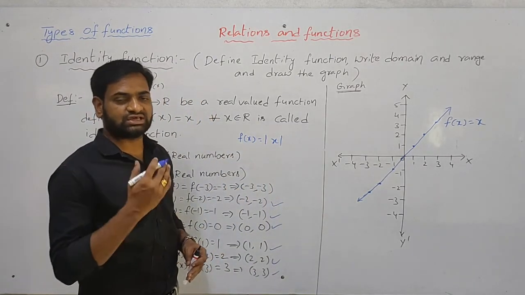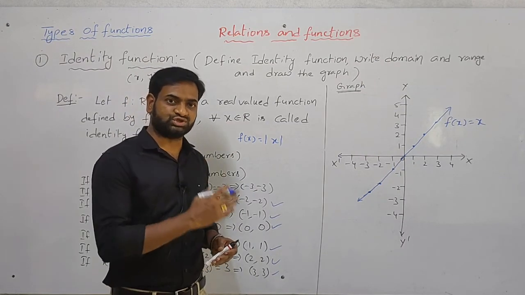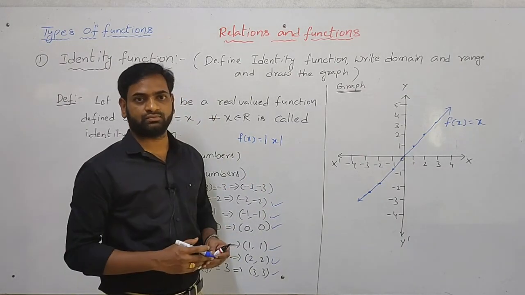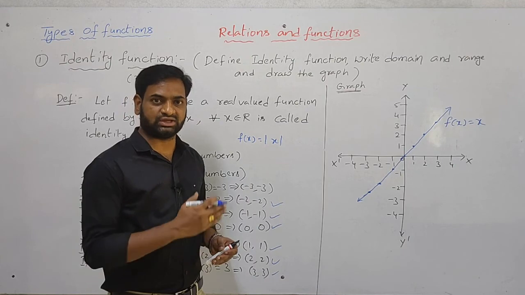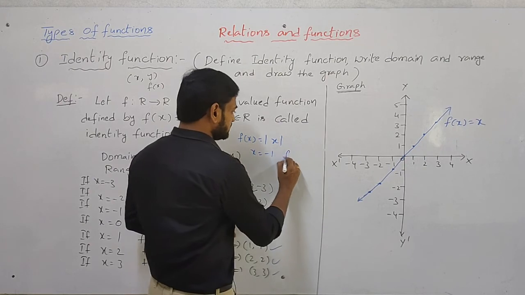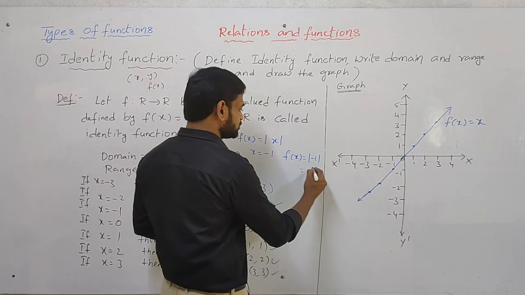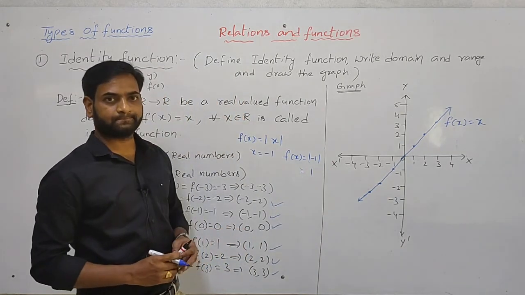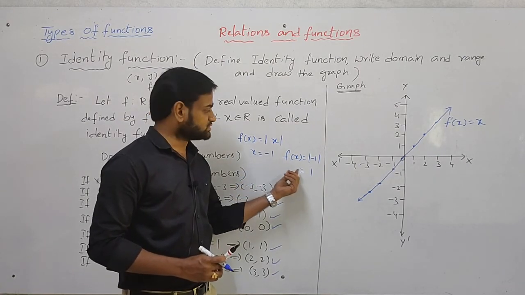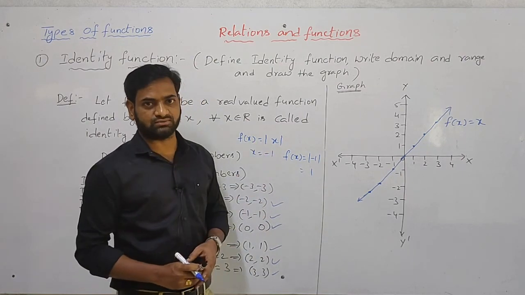If you take x value any value, that means positive value or negative value, always this answer is positive. That means if we take x value negative also, it is going to be positive. Suppose here x value is -1, then f of x is equal to mod of -1, that is mod of -1 also +1. If you apply mod for negative values, it is going to be positive. That is the use of modulus function.